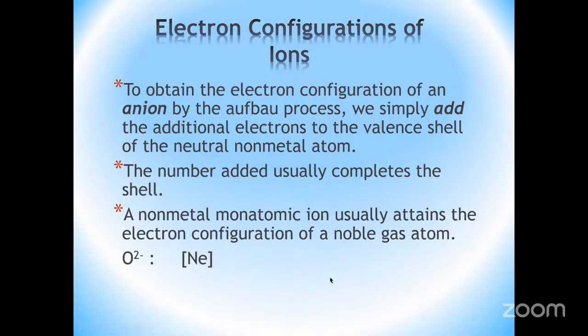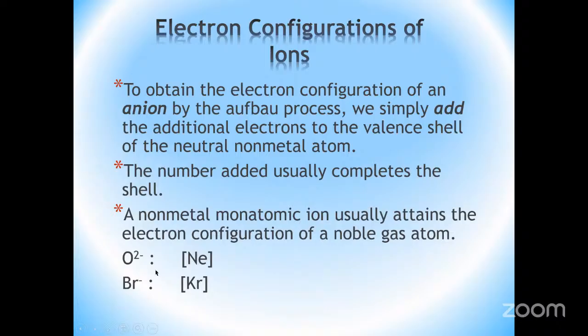So that's basically what happens when you add electrons to a non-metallic atom. Basically, they gain enough electrons so that they end up with the electron configuration of the closest group A element. Here's another example. Bromine, right? Bromine has 7 electrons on its outer shell.